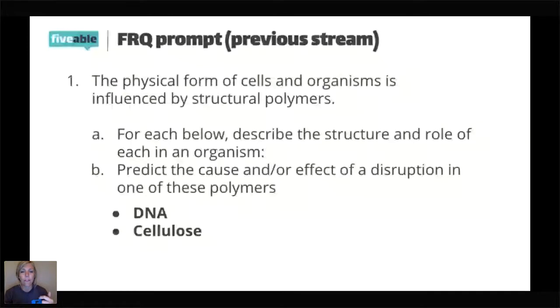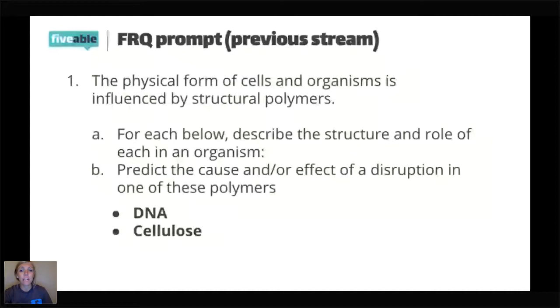So the AP biology exam will give you lots of part A, part B problems. I like to solve or explain them individually. Some students like to bounce back and forth between A and B, but if I'm the person reading your free response answer, the more organized you can be, the easier it's going to be for them to score it. Because remember, you're being scored by a human. So make it easier on them, okay?